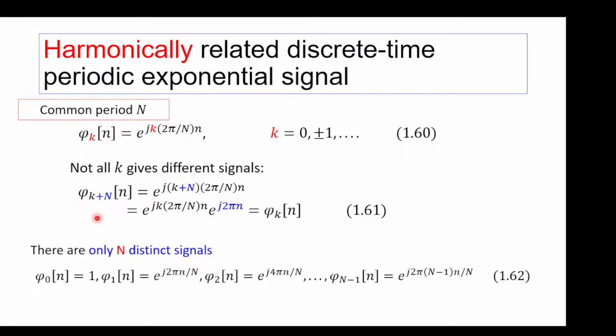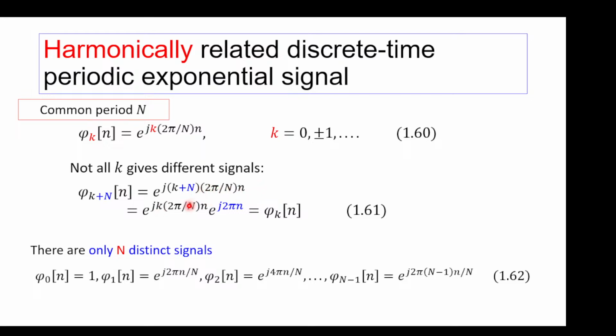What that means here is that k times 2 pi divided by N increasing by 2 pi basically means k increased by big N. So if you increase k by big N, then the signal will be e to the j (k plus big N) times 2 pi divided by N times small n.